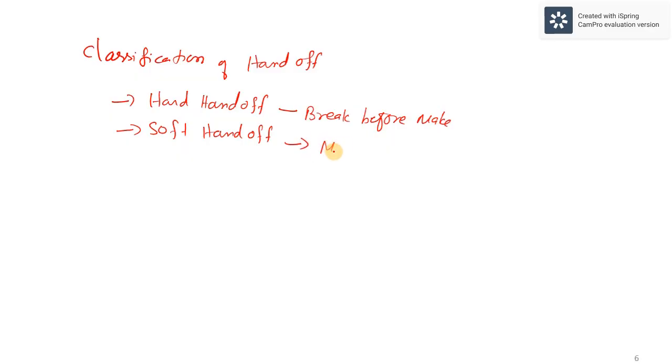As the name suggests, if the connection is broken before handing off to the new cell, it is hard handoff, and if the new connection is made before the old one is broken, it is called soft handoff. So this is the basics of cellular systems. So students, I think you can understand.